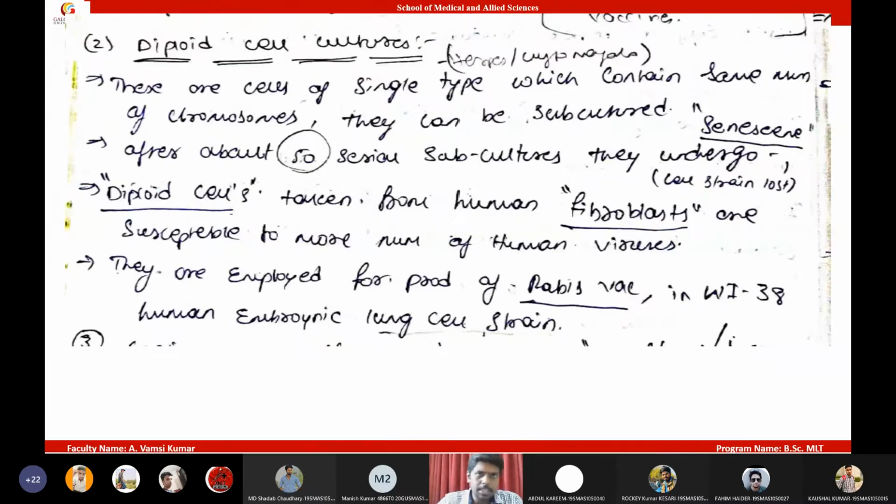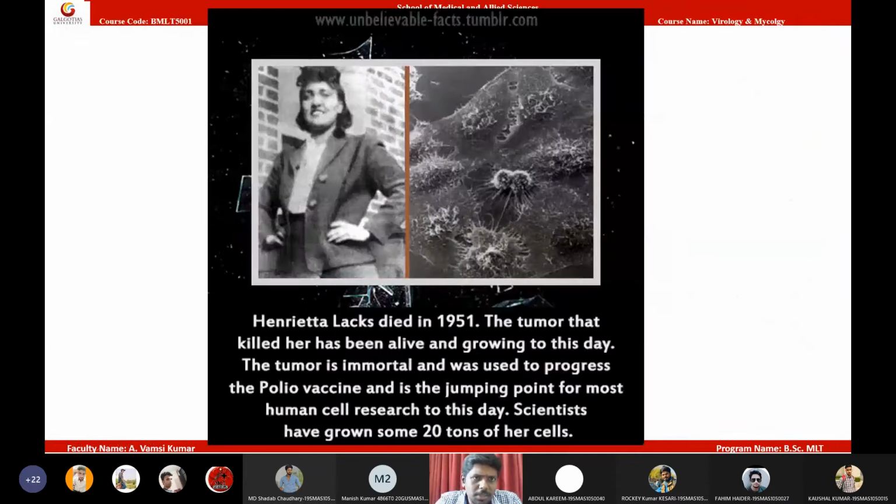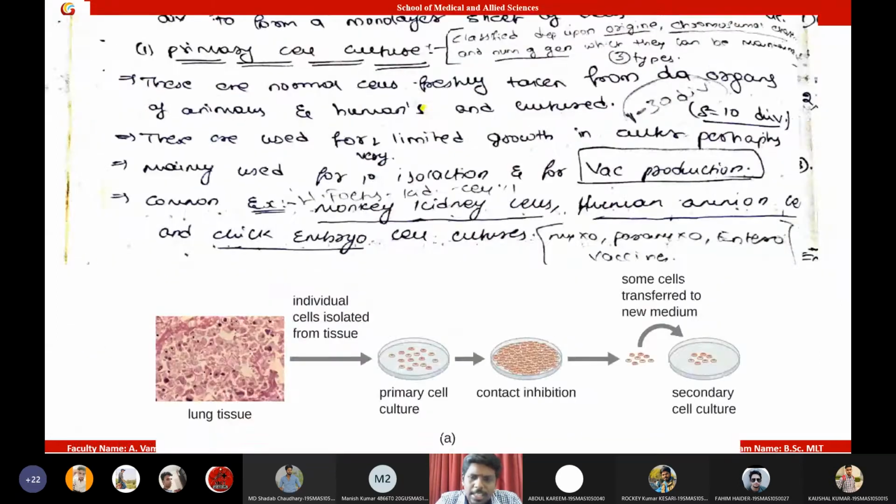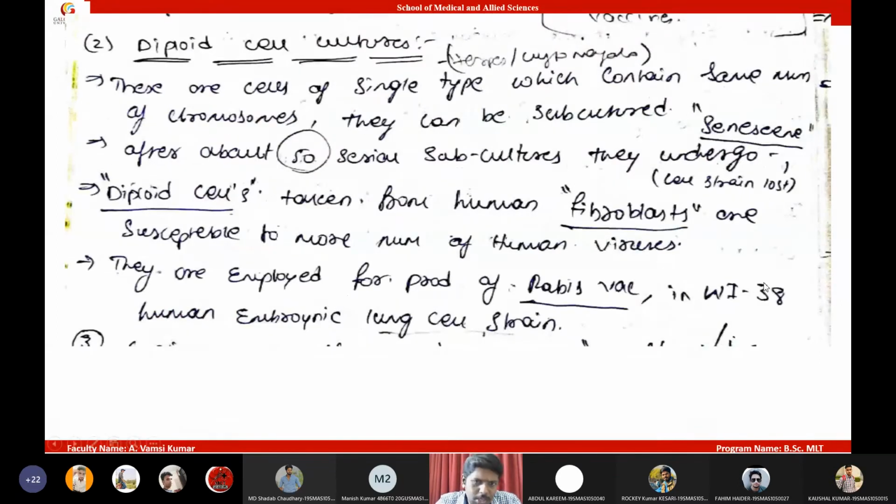Then diploid cell lines will be taken from fibroblasts or from muscles. A few examples of diploid cell lines are WI38, and we have other cell lines. The individual cells in a petri dish are called cell lines.